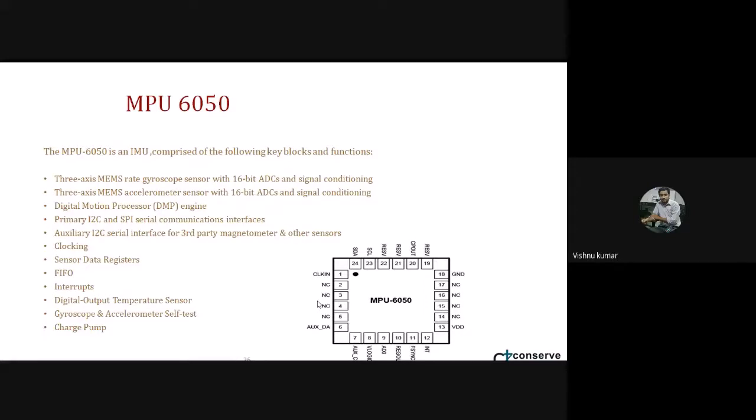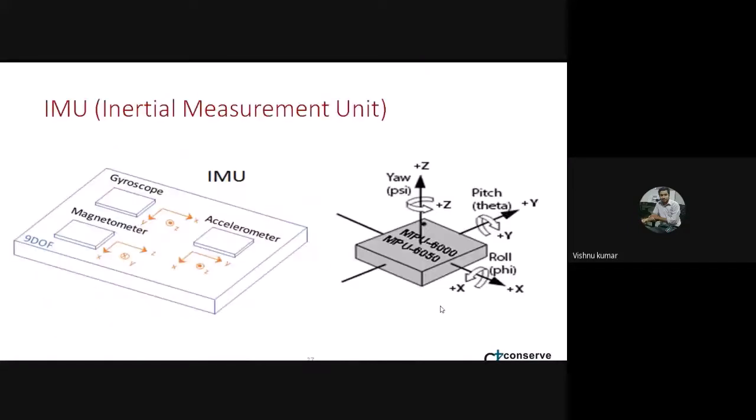It has a 3-axis MEMS gyroscope, a 3-axis accelerometer, and a digital motion processor. These are all the features of the MPU 6050. It's a MEMS based, IC based sensor that gives the accelerometer and gyroscope outputs.